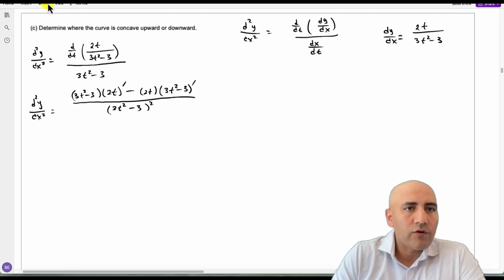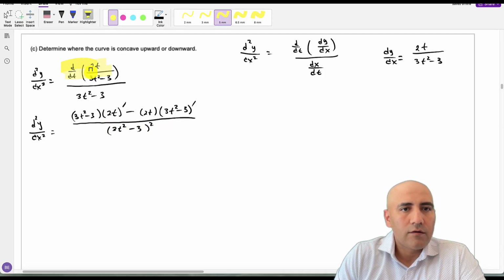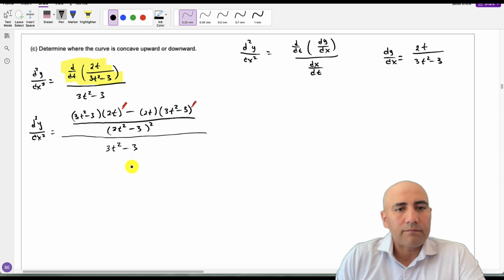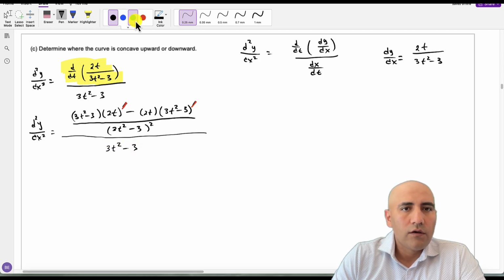Right now I'm just focusing on this numerator, applying the quotient rule, low d high minus high d low over the denominator squared, and that's where this comes in. So I still have to find the derivative of this and the derivative of this, and then simplify after that. And then the whole thing still gets divided by the dx/dt term, which is 3t squared minus 3. Okay, so this turns into a 2, and this turns into a 6t.